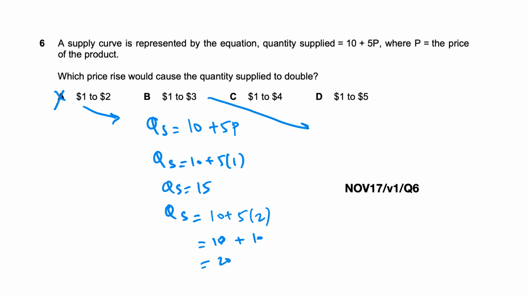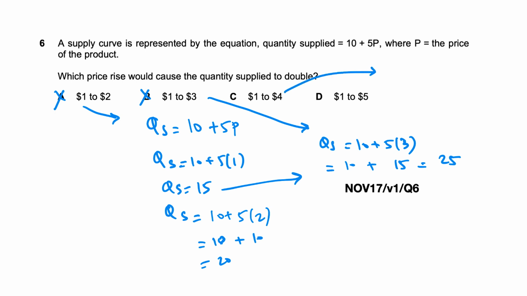Let's look at choice B, and let's put $3. QS becomes 10 plus 5 times 3, which means 15 plus 10 makes it 25, which means it's not doubling as well, so B can't be the right answer. Let's try 4.